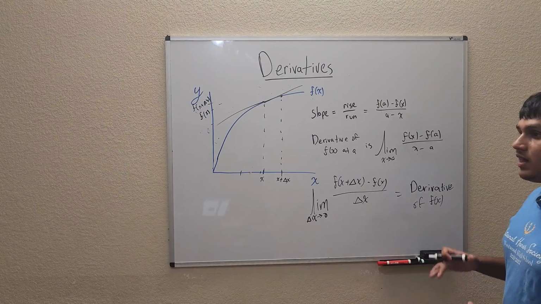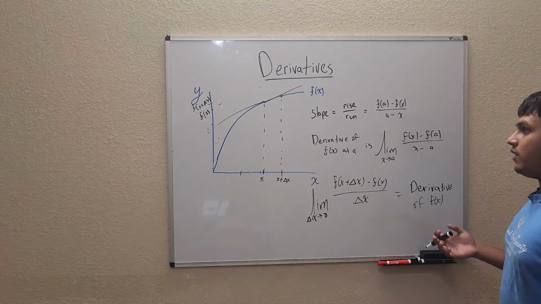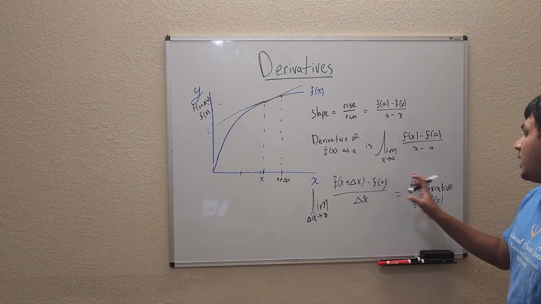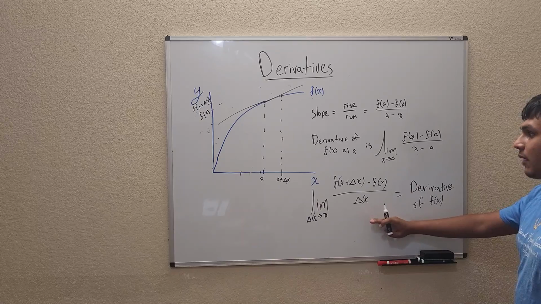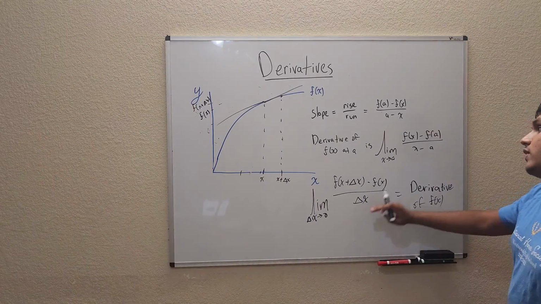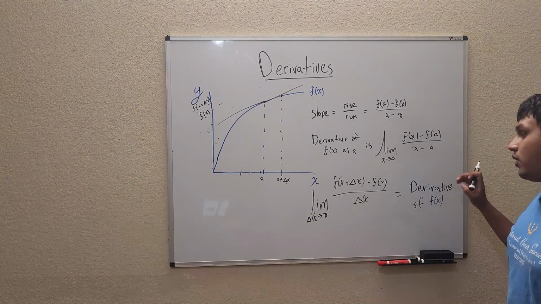So that is the limit definition of a derivative. It's the formal definition of a derivative. This definition is applicable at any point, while the earlier one is only applicable at one point.